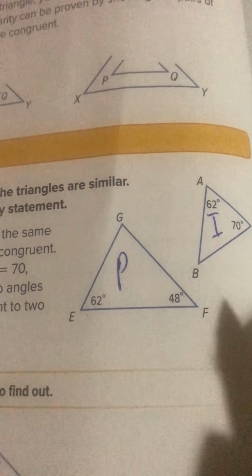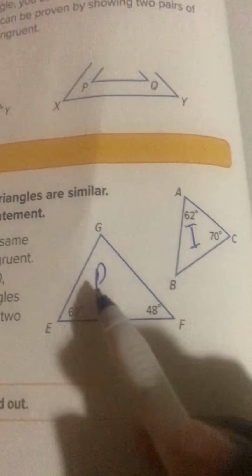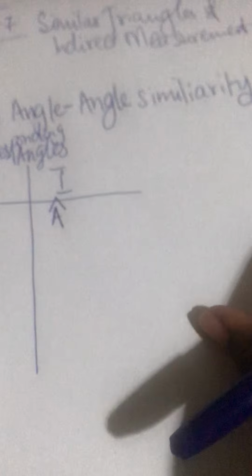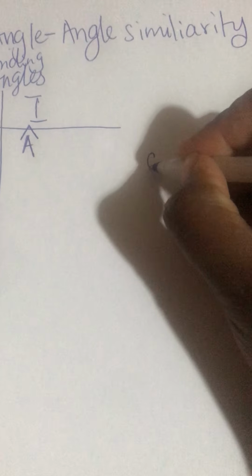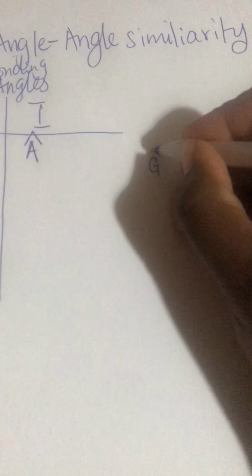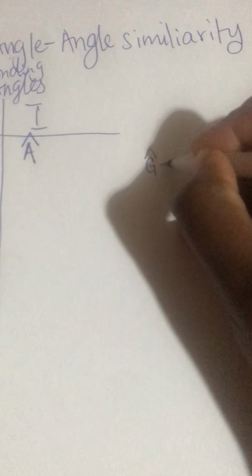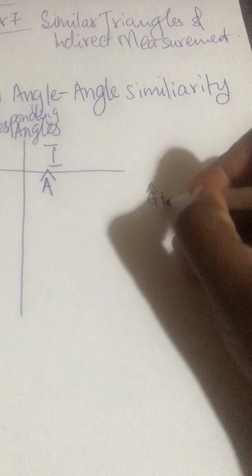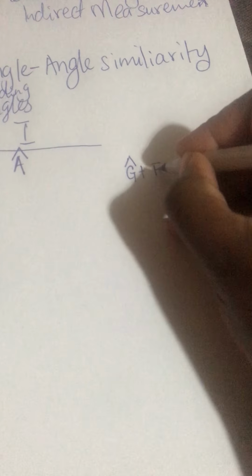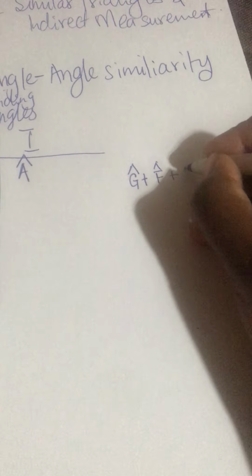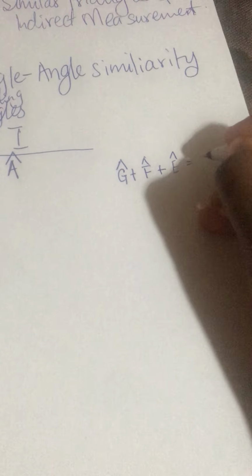So now, what will I do? I will find angle G. I will remember what I did in chapter 5. So, angle G plus angle F plus angle E should equal 180 degrees.